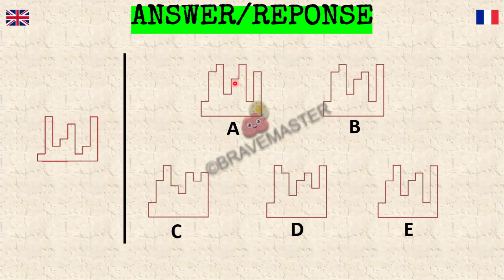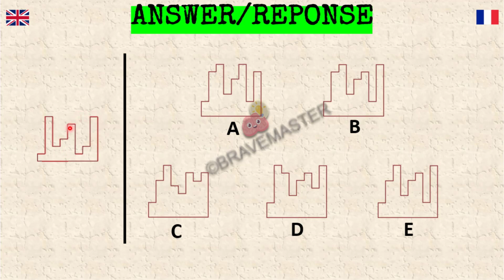So that said, this one is already eliminated because this should be at the same level as this one. Okay, because this and this should be at the same level, so this one is not a great fit, this one either, but this one can be. But then if you look at the details, you notice that this should be a little bit, let's see.